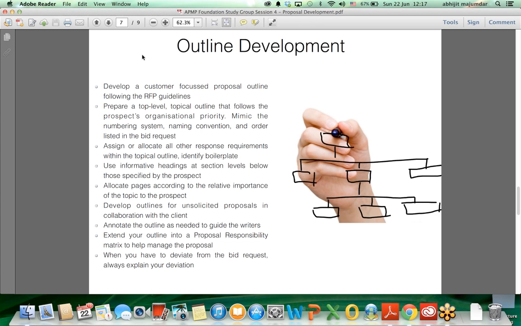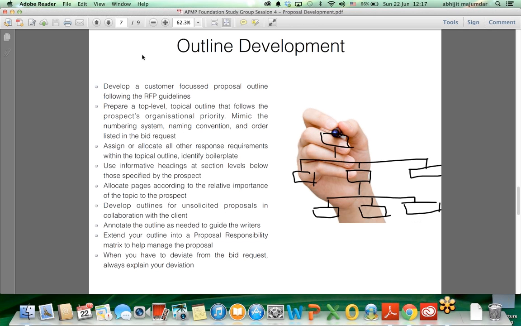So basically, your proposal outline first should be the topical outline, that is the names of the topics which you are putting in your proposal, and below that you can bring in the structure of the headings which you are proposing. The section headings should be telegraphic, that is, they should be brief and should mimic the RFP outline.